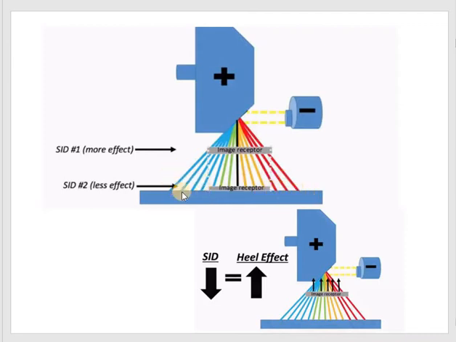So this extreme intensity is not received by the image receptor. Therefore, if the source to image distance is small, you will see more heel effect. If your source to image distance is higher, you would see less heel effect.